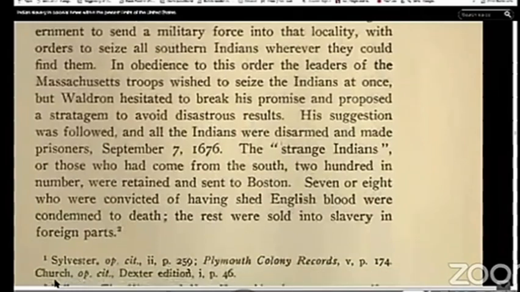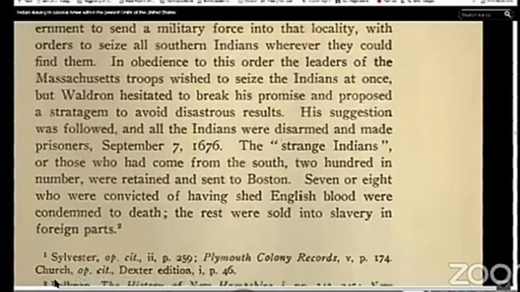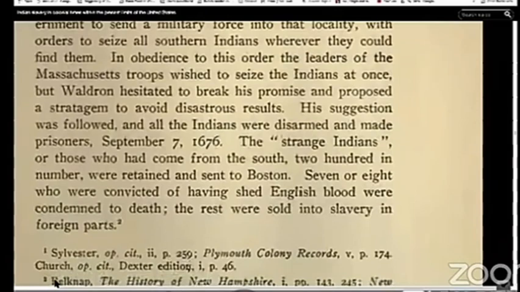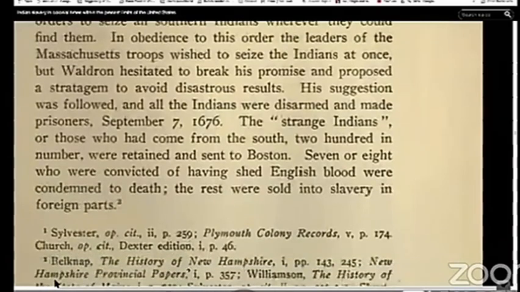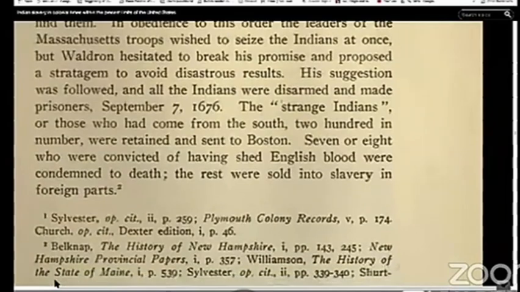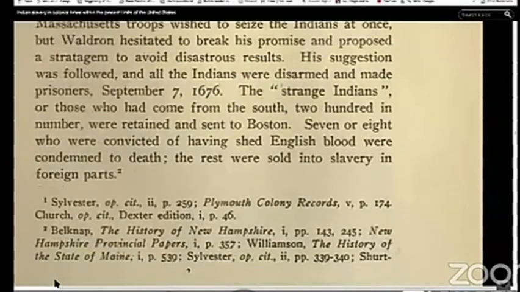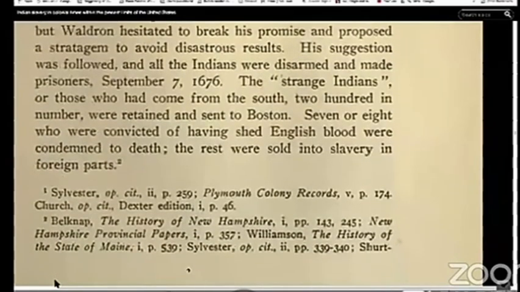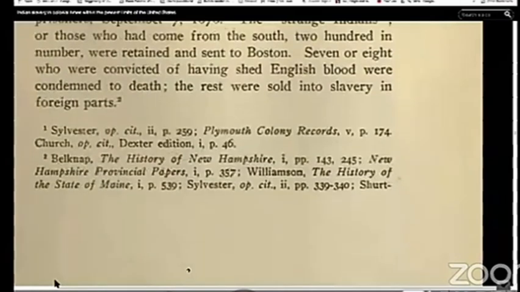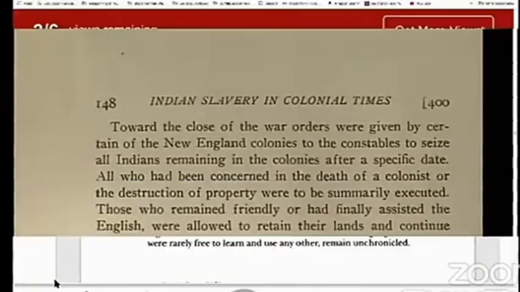September 7, 1676. The strange Indians, or those who had come from the south, 200 in number, were retained and sent to Boston. Seven or eight who were convicted of having shed English blood were condemned to death. The rest were sold into slavery in foreign parts.